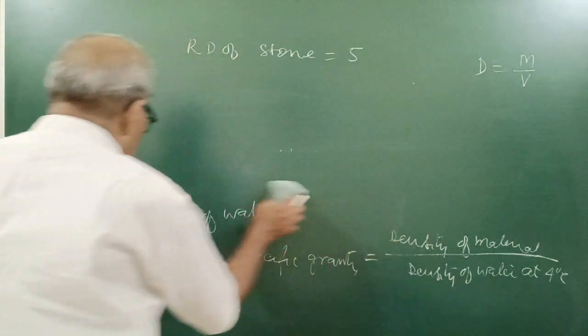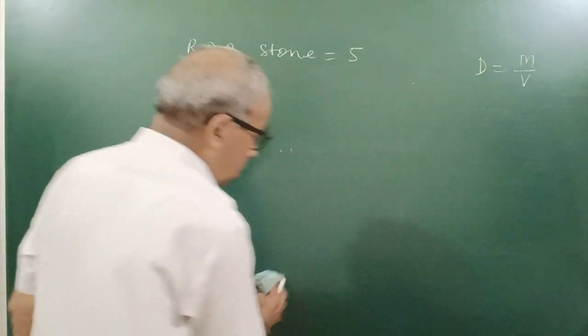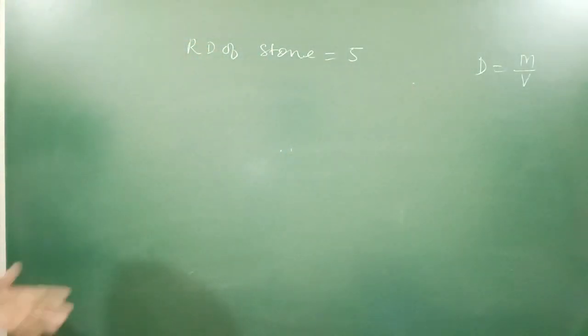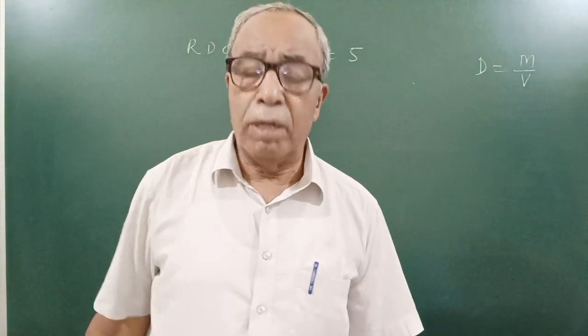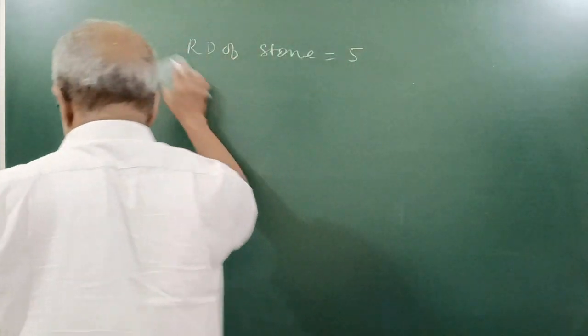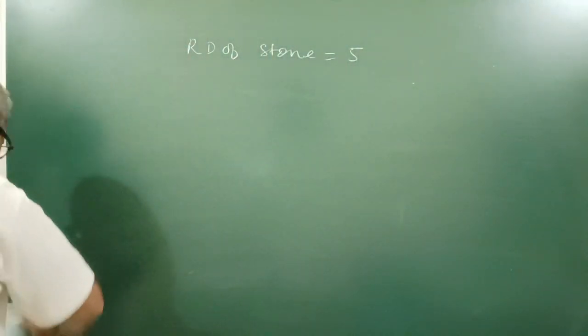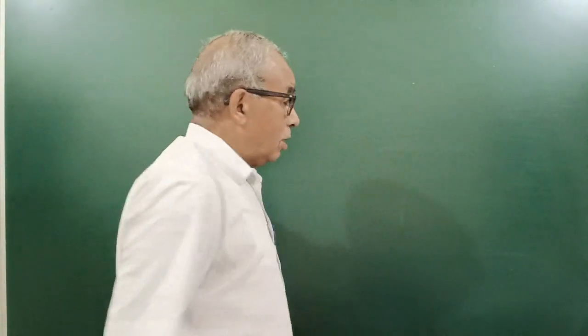So by knowing relative density, we can tell whether a substance is lighter than water, like wood has density 0.8. Relative density of a material like wood is less than 1, 0.8. So it is lighter than water. So please remember these pretty topics in your brain.